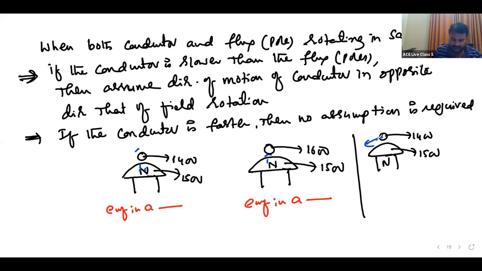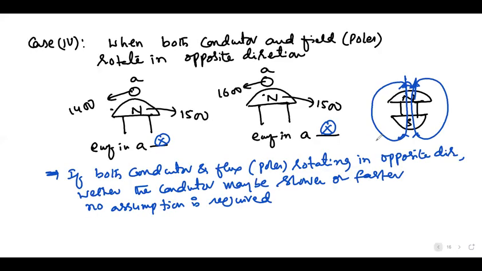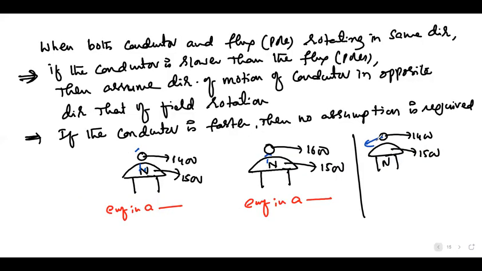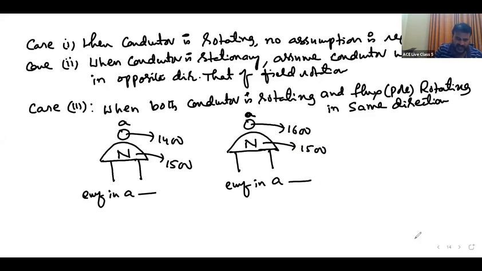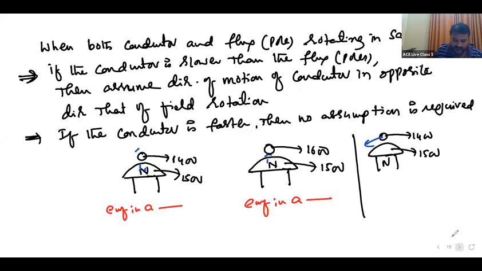Your doubt is this question or the next question? This is the question, case 3. Now this is the solution. You have to assume in the opposite direction, therefore what will it give?